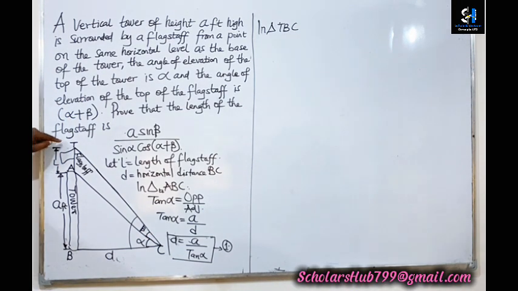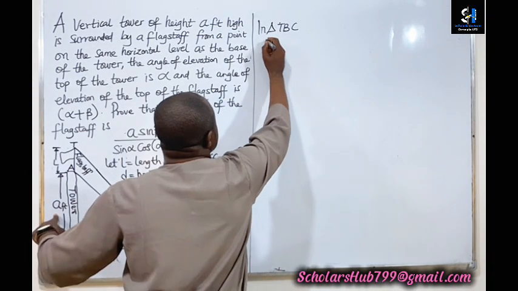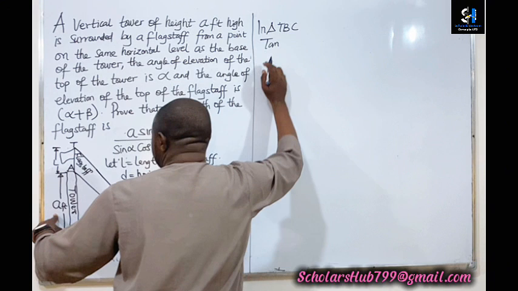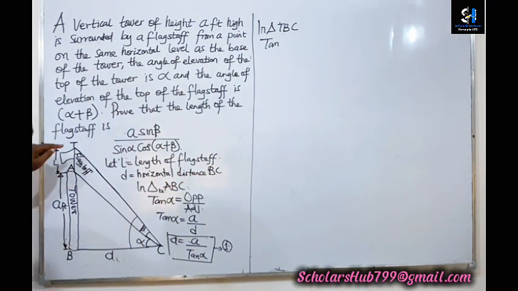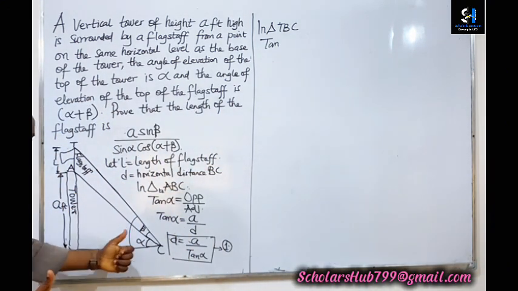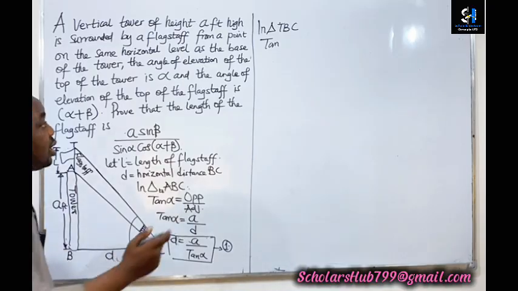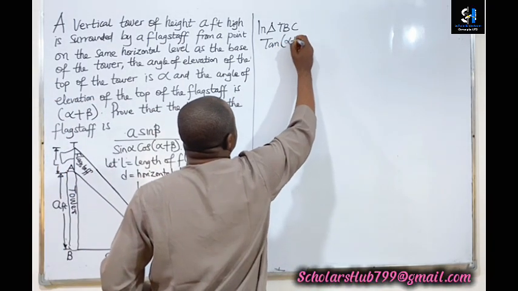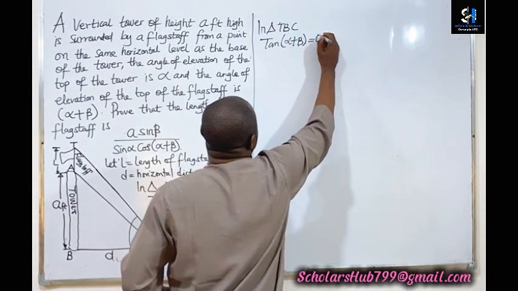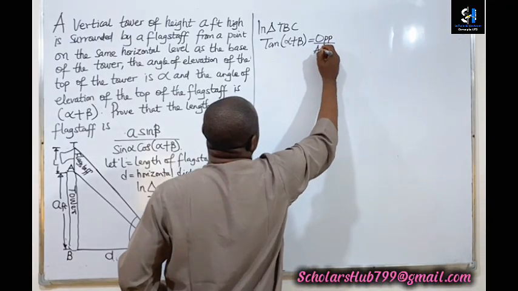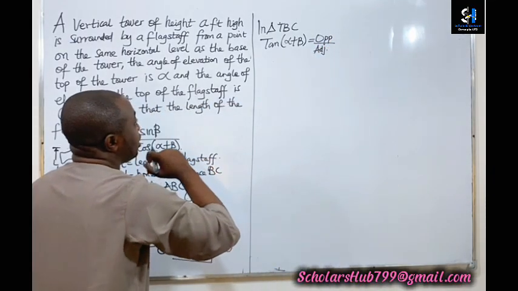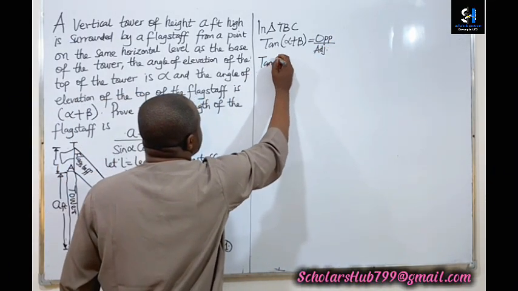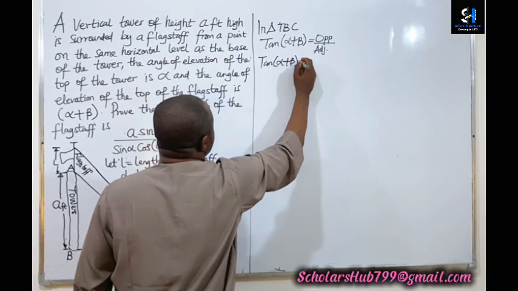The height in this case will be the length of the flagstaff plus the height of the tower. Let's not forget that the angle of elevation of the flagstaff is the sum of alpha and beta. So tangent of alpha plus beta equals opposite over adjacent.